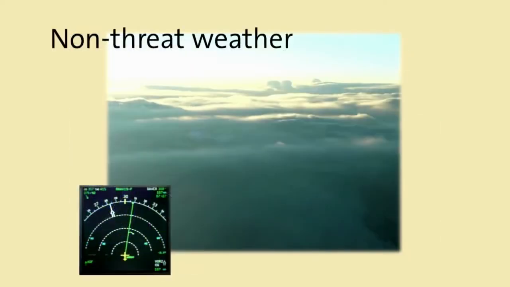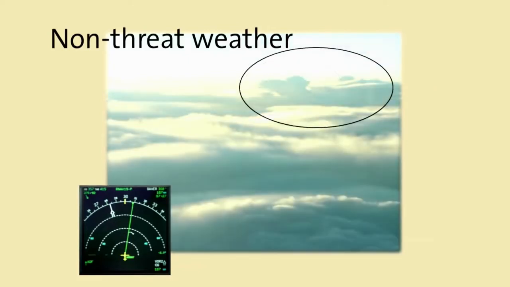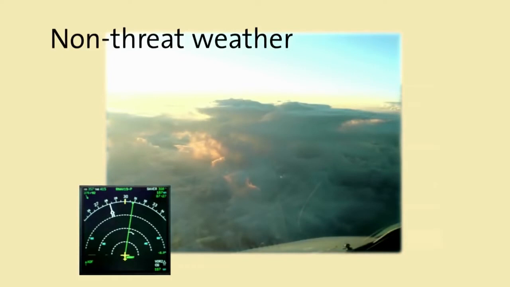Non-threat weather is often visible from the cockpit, and there are occasions where it may appear that cells should be displayed, but are not. For instance, this cell is not displayed, but is it at the aircraft altitude? How about now? The fact is that this is a post-convective cell.